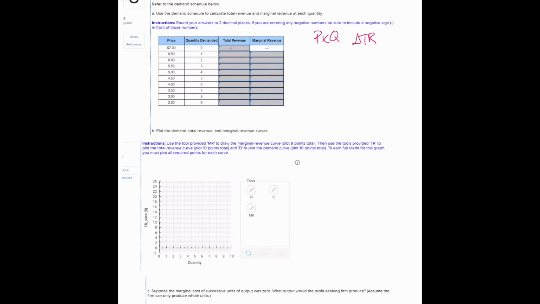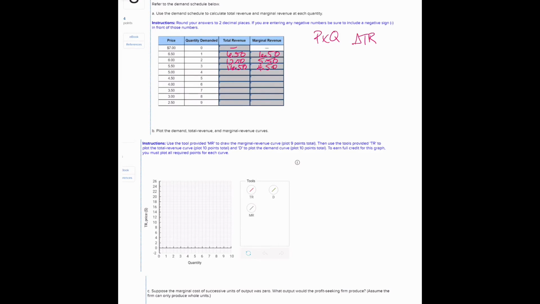So total revenue here is 0, and then 6.50. The change is 6.50, and so on and so forth. So 2 times 6 is going to be 12, and the difference there is going to be 5.50. Let's see how many of these I can just quickly jot down. Let's see, 16.50, and the change is 4.50.